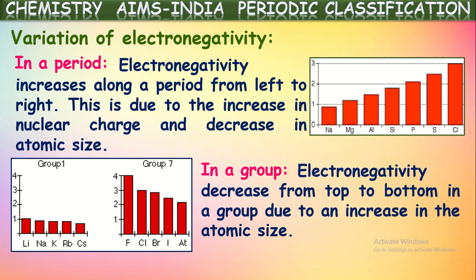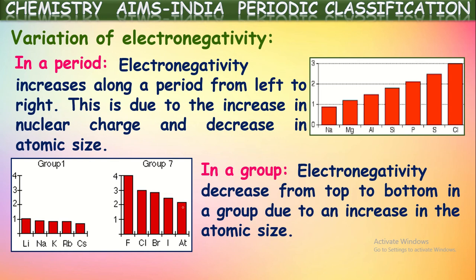As we move from lithium to cesium, their size increases, so attracting power decreases, hence electronegativity decreases. In the same way, for halogens, from fluorine to astatine, size gradually increases, and as size increases, electronegativity values decrease.